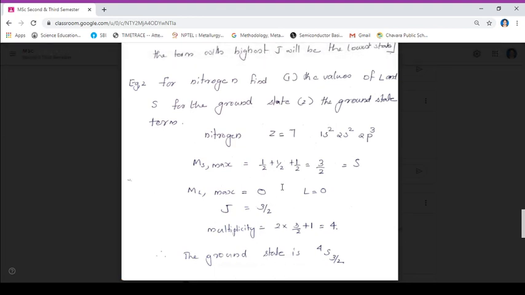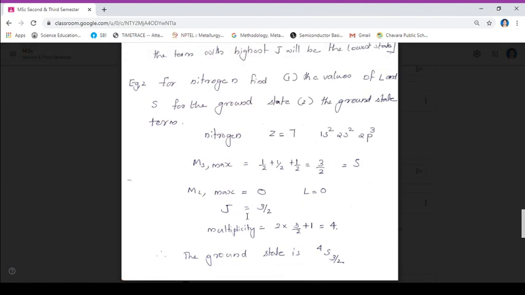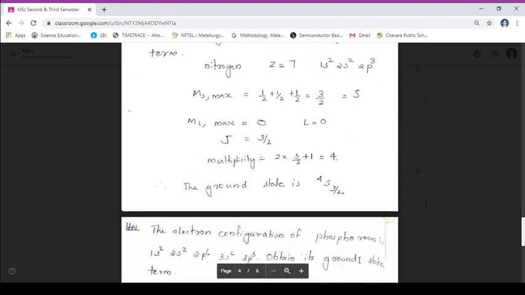For ml maximum, the ml values are 1, 0, minus 1, which add up to a 0 value, so L equal to 0. Therefore J will be equal to 3 by 2. So multiplicity is 2 into 3 by 2 plus 1, that's equal to 4. Then L equal to 0 corresponds to an S state. Therefore 4S3/2 is the ground state of nitrogen.